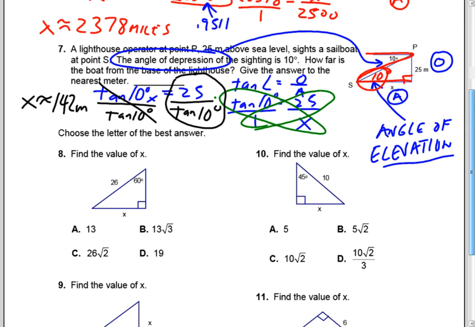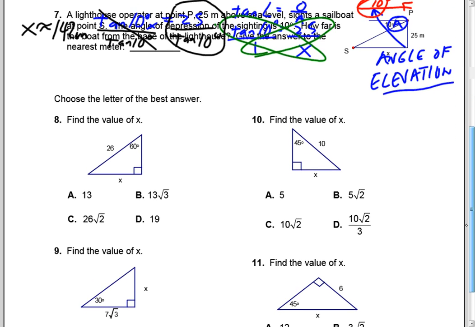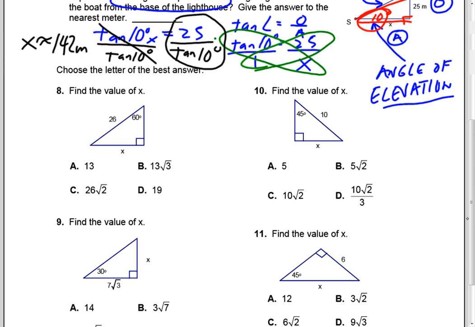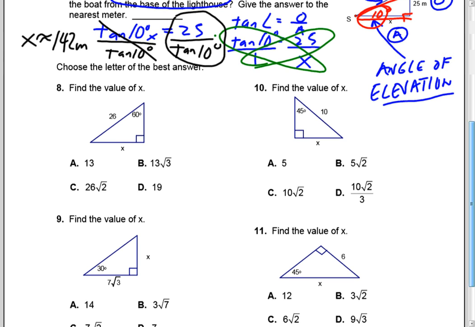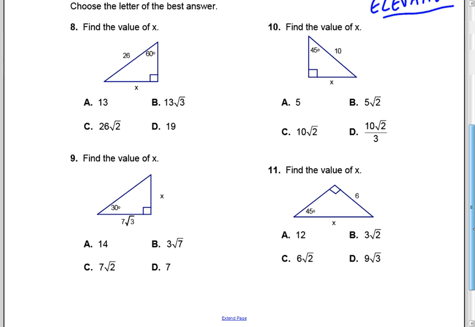Same with what's down here. We've got our special right triangles. Before we begin, find the 30-degree ones. So jump right to 8 and 9.